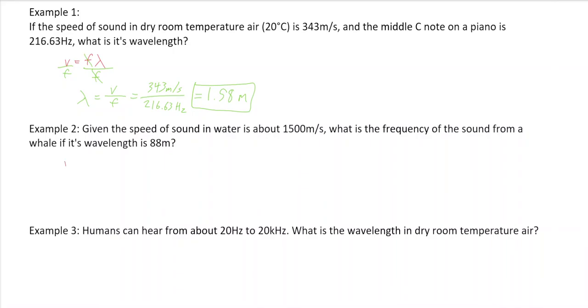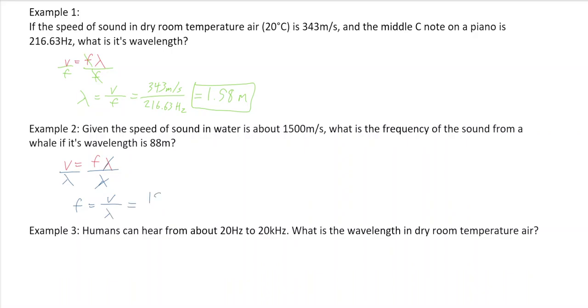Okay, so we're going to use the same formula as before, but we want to find frequency, so we're going to divide by the wavelength on both sides. So that means frequency equals velocity over wavelength.